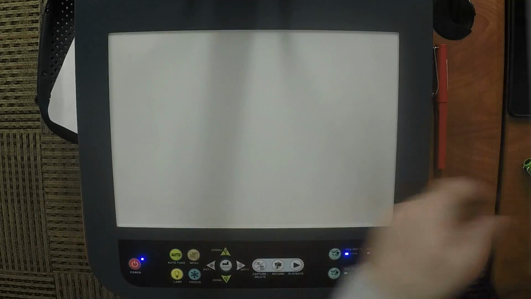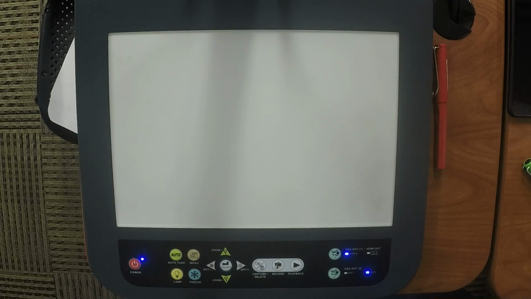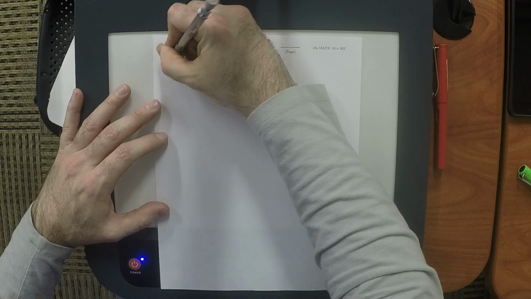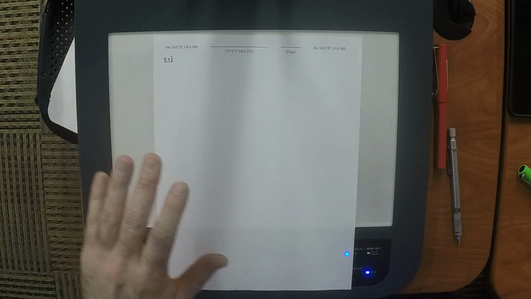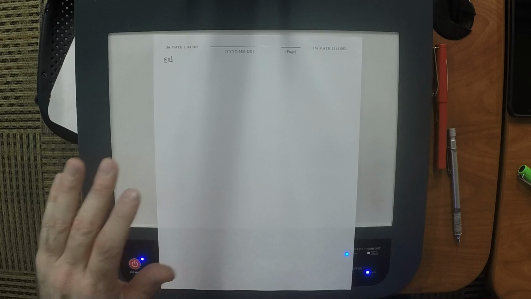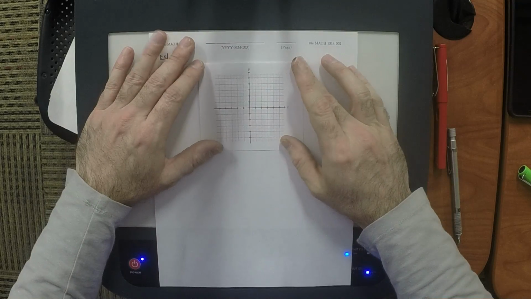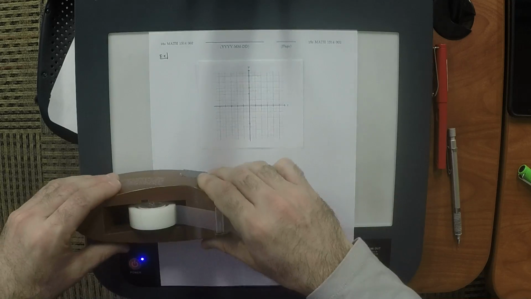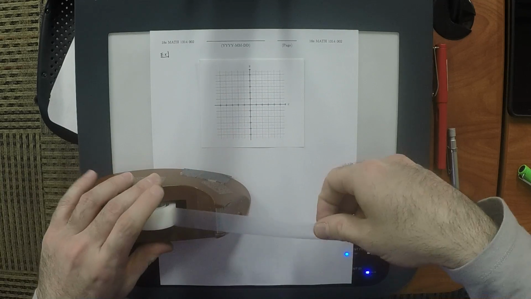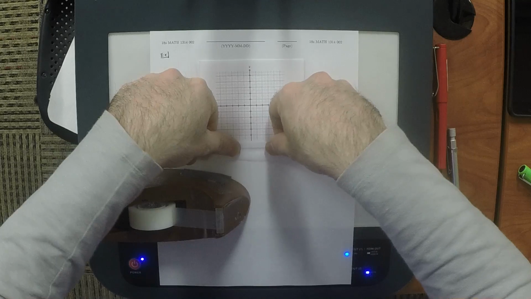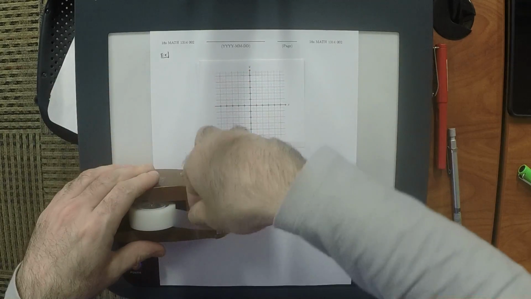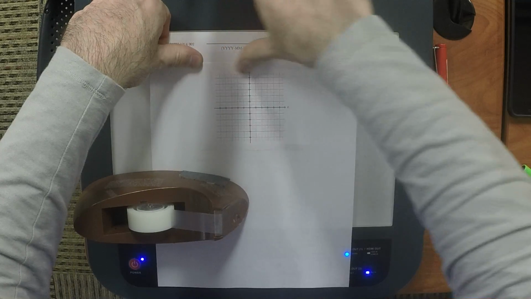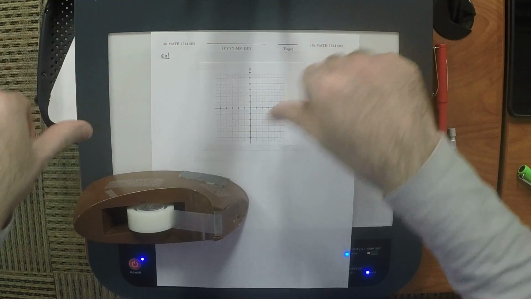So now, here's where I cheat, and I bring these. All that I'm doing here is that I have a piece of paper that I'm taping now to the notes, but it looks nice.